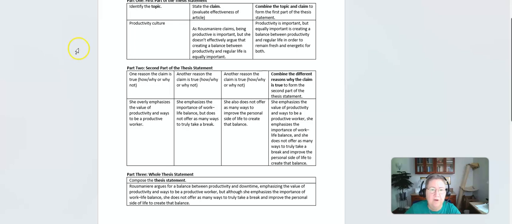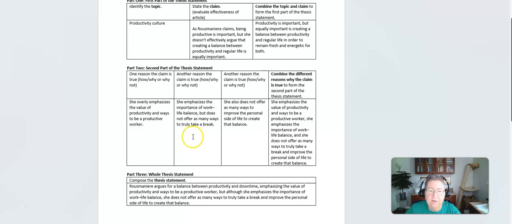So we can imagine that the body paragraphs, there would be 3 of them in this essay. One that focuses on how she overly emphasizes the value of productivity and ways to be a productive worker, and that would include likely a quote from the original article. Second reason, she emphasizes the importance of work-life balance, but does not offer as many ways to truly take a break.